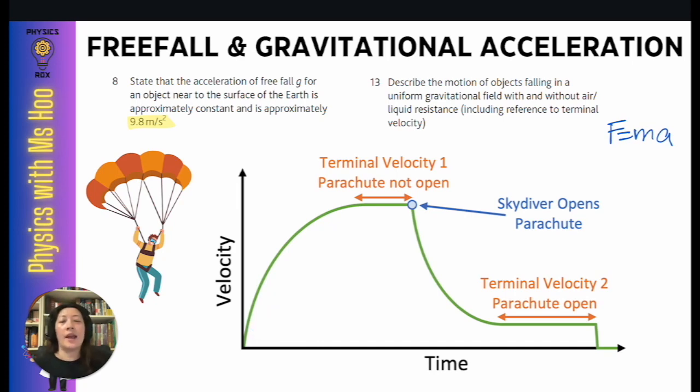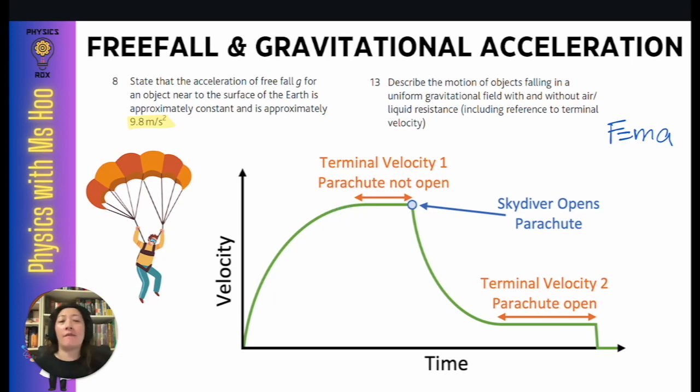But as the skydiver falls, the increase in speed increases the air resistance acting on the skydiver, which then changes the net force acting on the skydiver. As a result, because the weight is equal but the air resistance is increasing, the net force decreases, which causes the acceleration to decrease until the weight and the air resistance are equal.